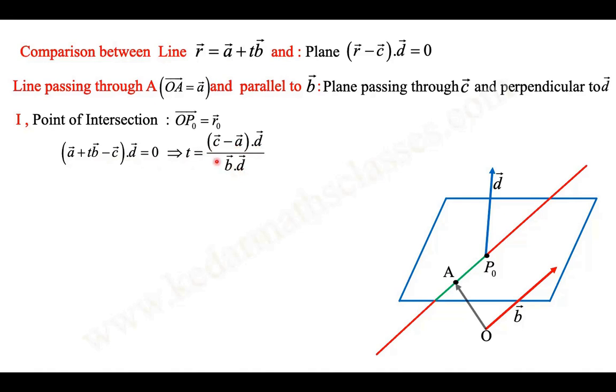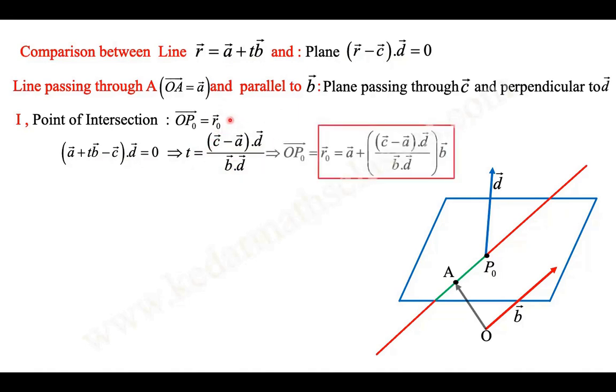That implies that for this t value, a + tb also lies on this plane. Means when you substitute this t value, whatever this R naught position vector you are getting, that is a plus, in place of t substituted this t value, then it is a point on this line as well as a point on this plane.